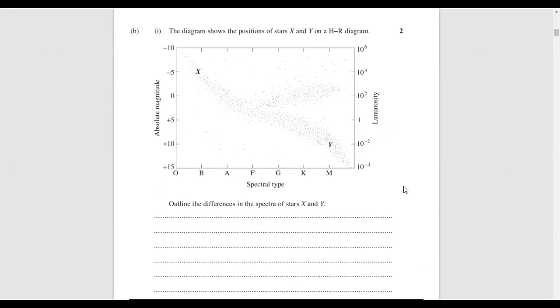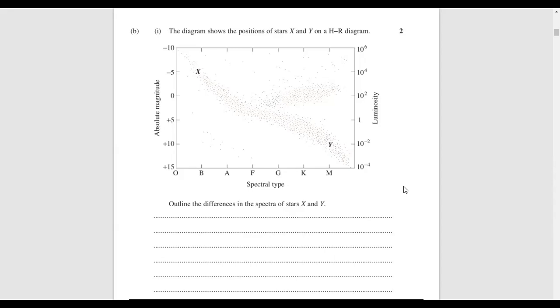X is in sort of class B, whereas Y is, I guess, sort of M. So we would expect that the color will be quite different because the temperature is quite different. They specifically want us to outline the difference in the spectra of X and Y.